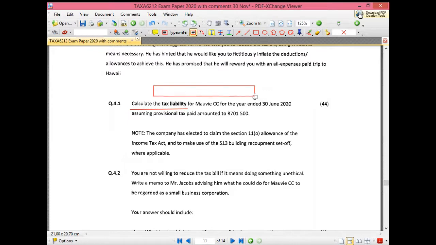Your tax liability is your normal tax less any provisional tax payments. And it is for the year ended 30 June 2020, and they tell you the provisional tax amount is 700,1500 Rand.